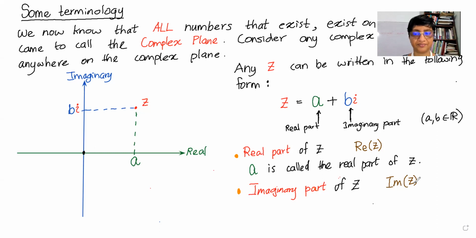Imaginary part of Z. The shortened notation is Im bracket Z. Imaginary part of Z. What is it?